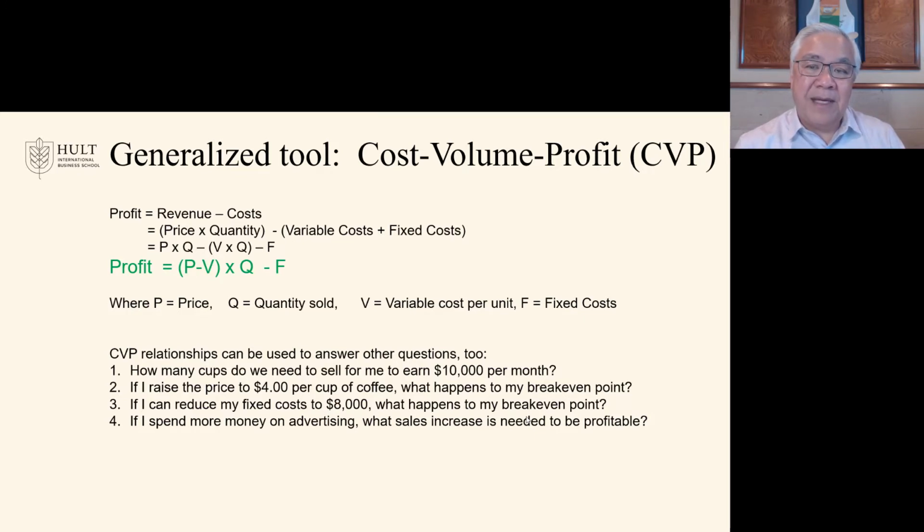So you can see something as simple looking as the profit equation can be used for many different scenarios in order to simulate what would happen if we raise price, lower price, invest more in fixed costs, etc. These would be different illustrations of CVP, right? So a very simple tool that we use for initial calculations for a business opportunity.